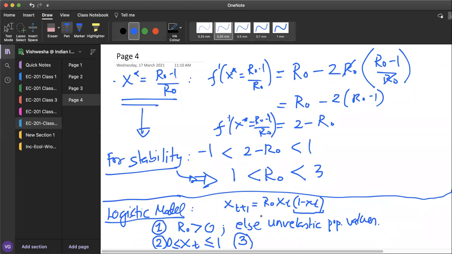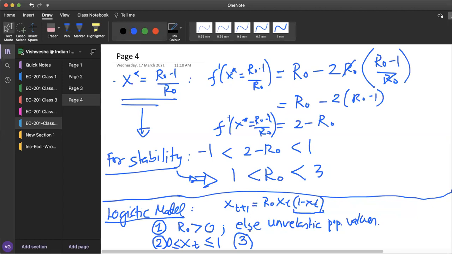Now just think about the following. Let's look at this function. For those of you who are mathematically familiar with the quadratic function, this will be an easy point to notice. What is the maximum value of xt into 1 minus xt? See, basically xt has to be between 0 and 1, right? In this range, what is the maximum value of xt into 1 minus xt?